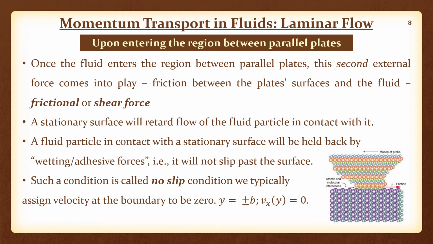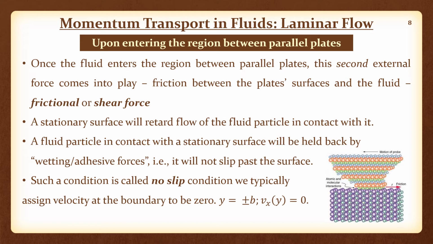Since both these parallel plates that we are looking at in this problem are stationary, one plate is located at y equal to minus b, the other plate is located at y equal to plus b, and at both those plates, the velocity of the fluid should be 0. Now, the fluid flow at the time of entrance is entirely in the x direction.